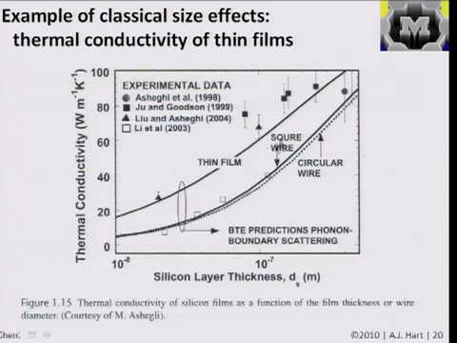And the details here aren't important, but the case for a thin film, which is flat, is different than the case of, say, a square wire or a circular wire. In principle, the thermal conductivity of the square wire is lower because you have more boundary per unit volume, because instead of having just one boundary on the top and one boundary on the bottom, you have two extra boundaries on the side.